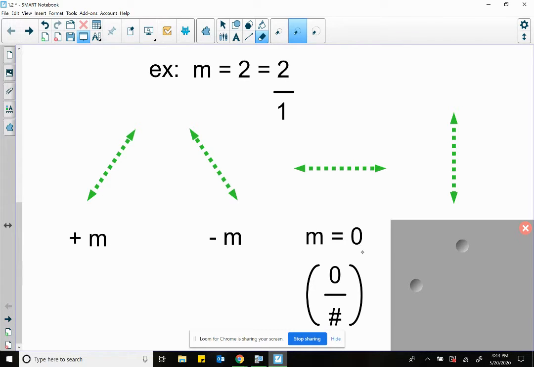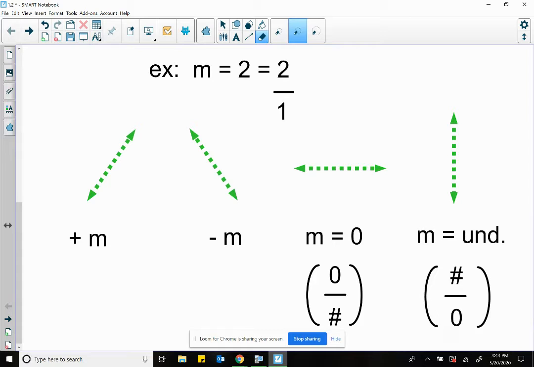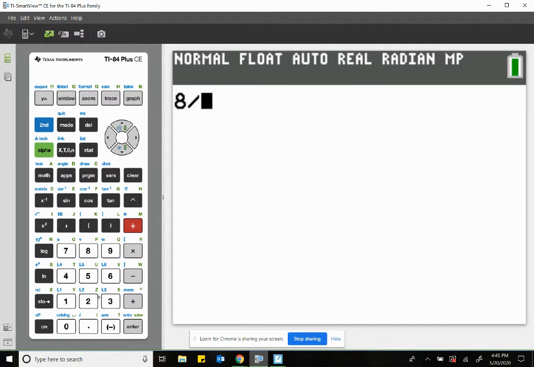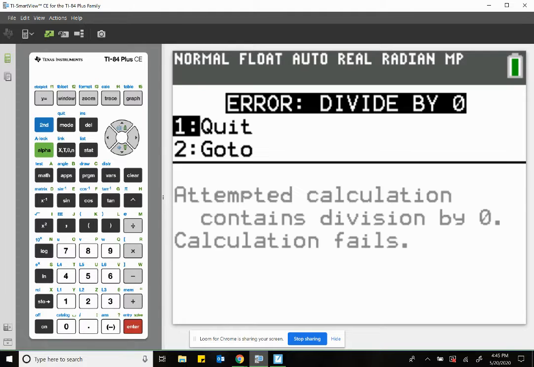Slope is 0. So if slope is 0, what is the vertical line? That's right, you guessed it, undefined. Okay? Vertical lines are undefined. Reason being, in this, your x values are the same, which becomes 0 in the denominator. And your calculator doesn't like dividing by 0, and it will even tell you so.